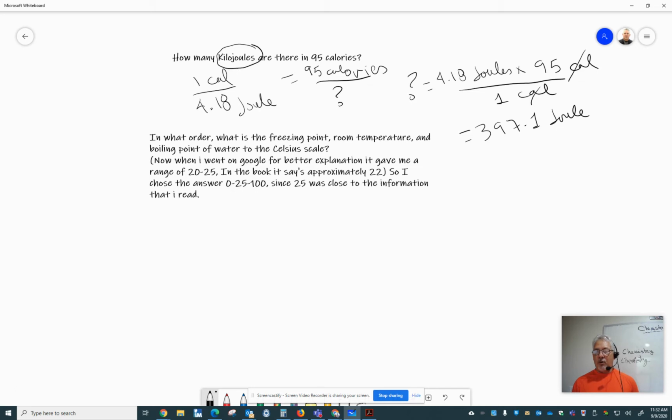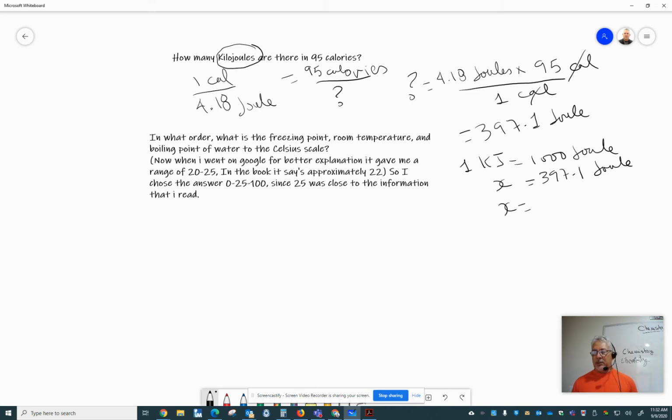So 1 kilojoule equals 1000 joules. You had 397.1 joules, then you need to find how many kilojoules that will be.